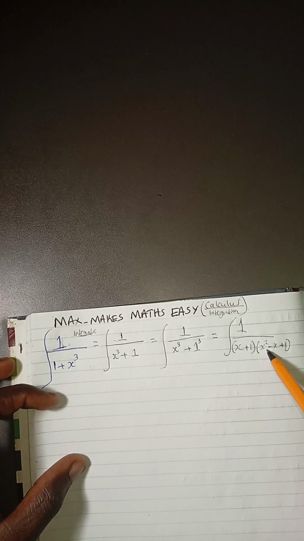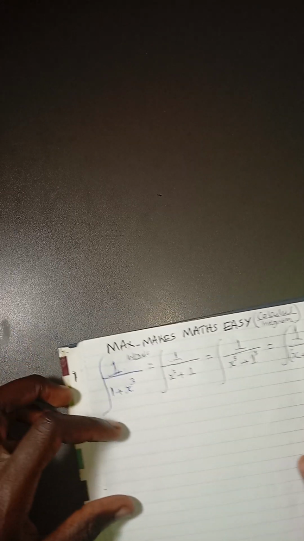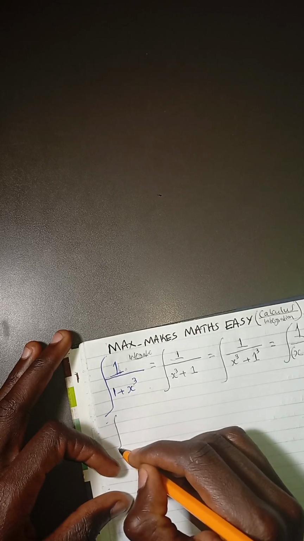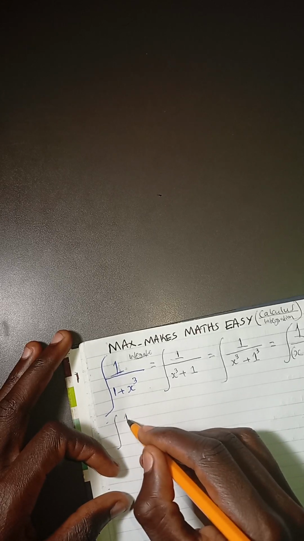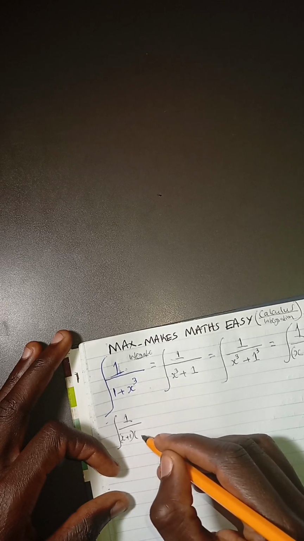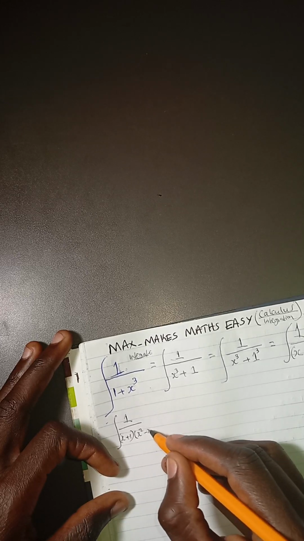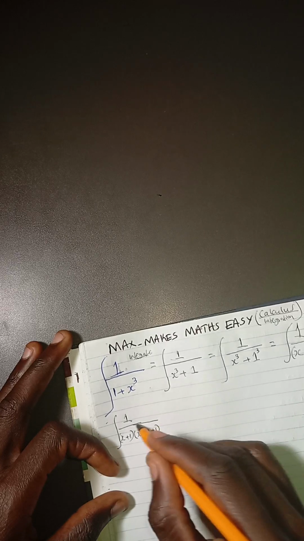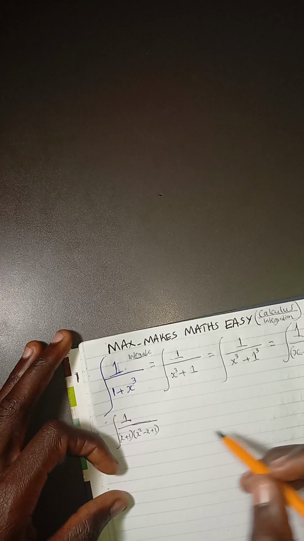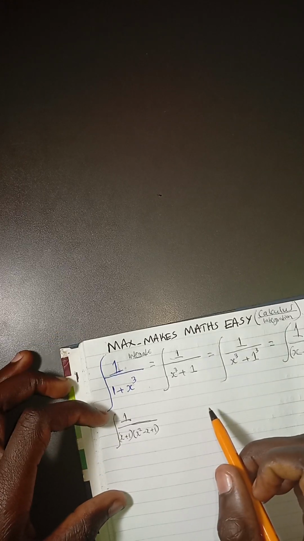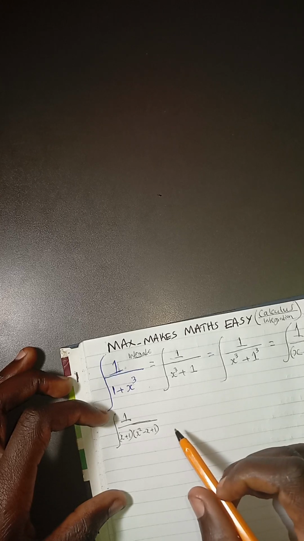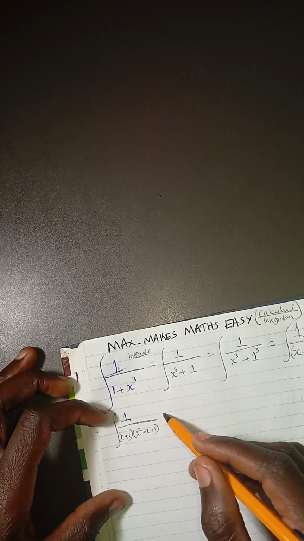So if you want to integrate this, remember, our final integration becomes 1 all over x plus 1 into x squared minus x plus 1. So stick around. We're going to do this question up to the end, so stick around. And if there's a part you can do, then you give me the answer.